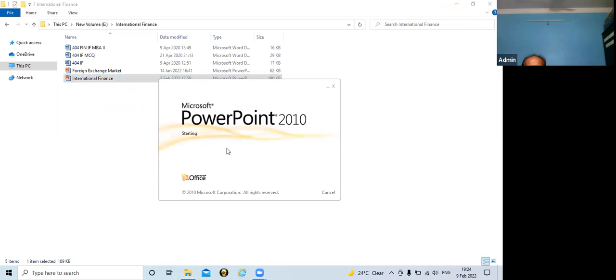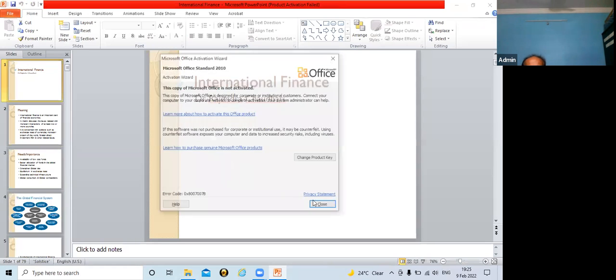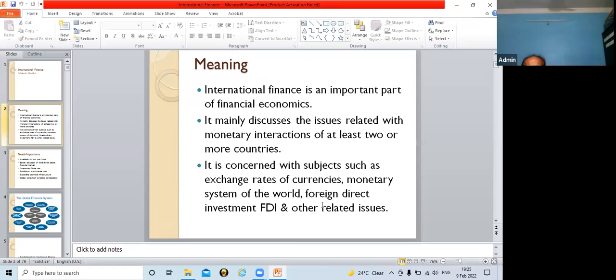So let's go to another point, that is issues involved with international finance, or challenges in regard to international finance.